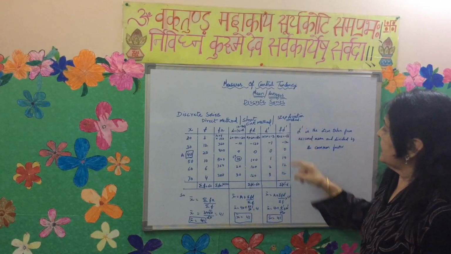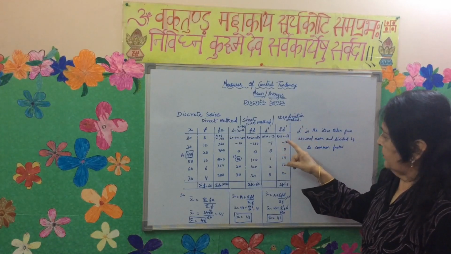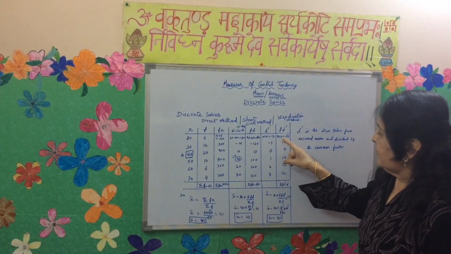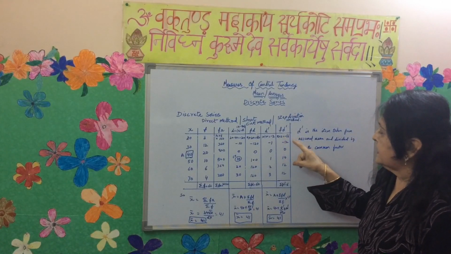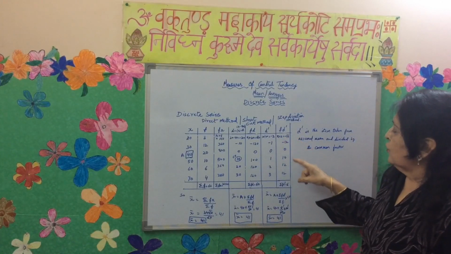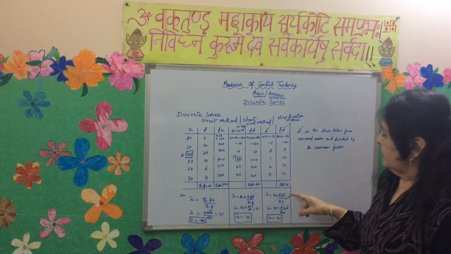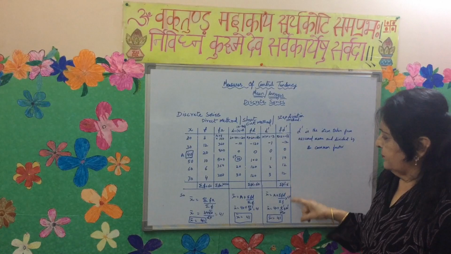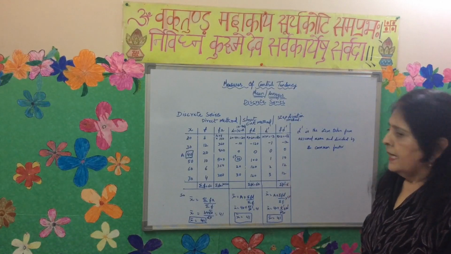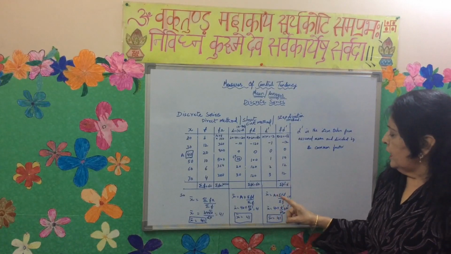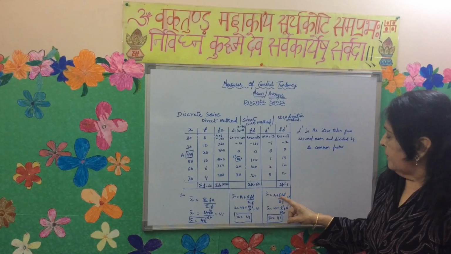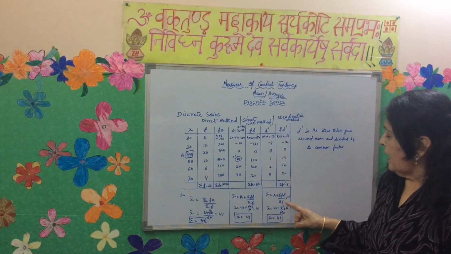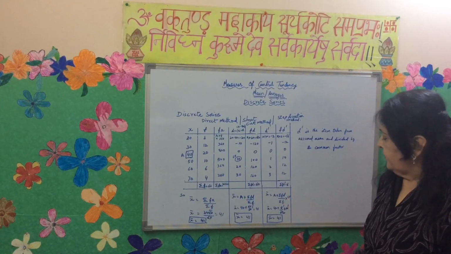And fd dash we get over here is 8 multiplied by minus 2 is minus 16, minus 12, 0, 10, 12, 12. So sigma fd dash is equal to 6. The formula is x bar is equal to assumed mean A plus sigma fd dash upon sigma f into common factor.